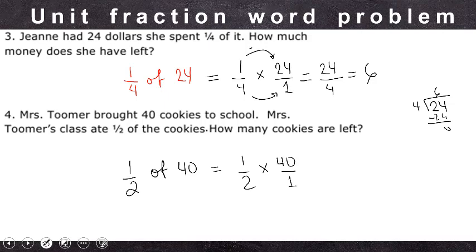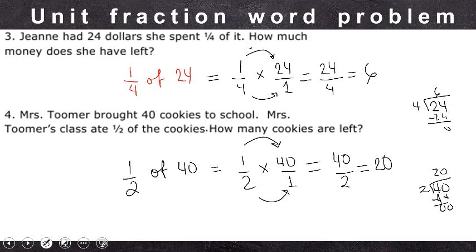You write 1 over the whole number and now multiply. 1 times 40 is 40. 2 times 1 is 2. And divide: 40 divided by 2 is 20. The answer in this case is 20.